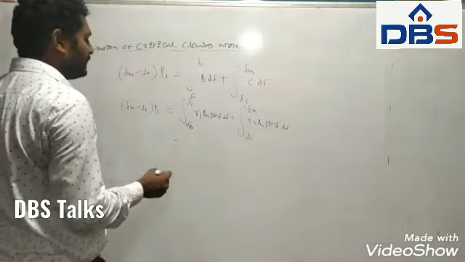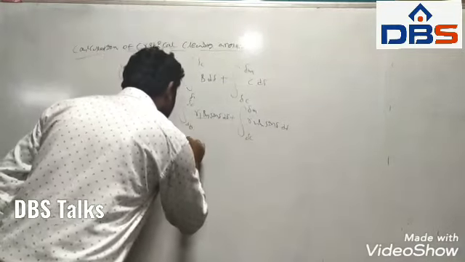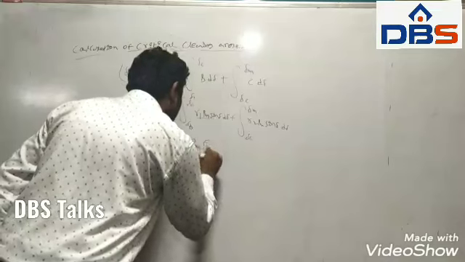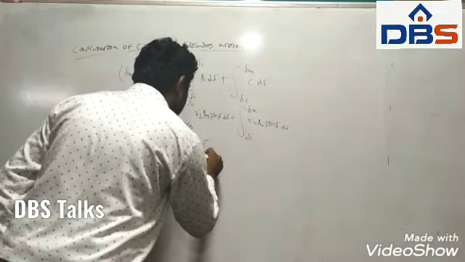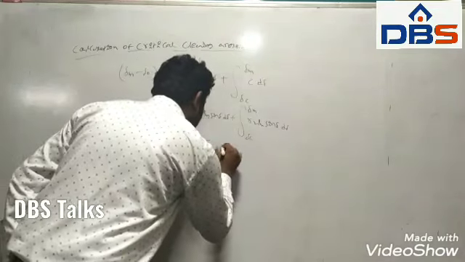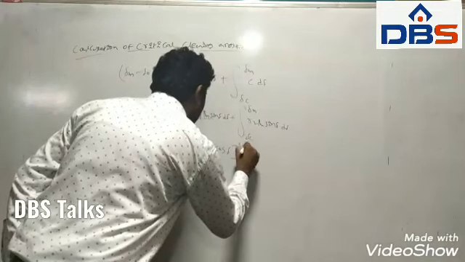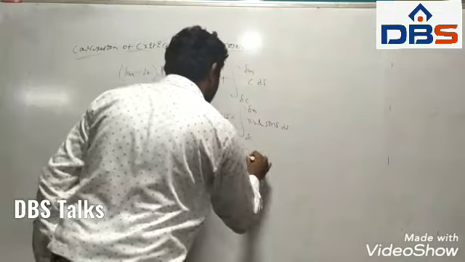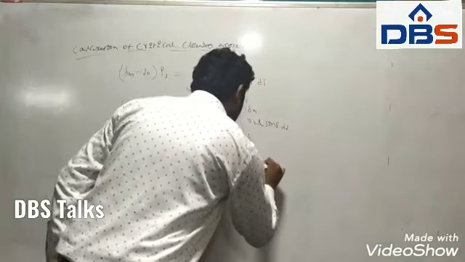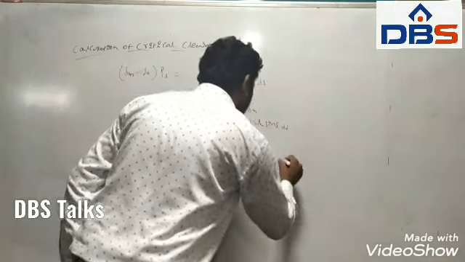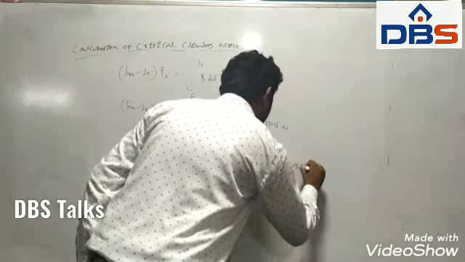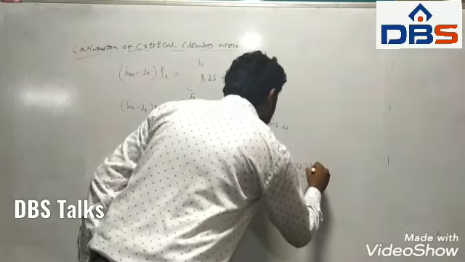Applying integration, the integral of sin delta gives minus cos delta. So R1 Pm into minus cos delta with limits delta naught to delta C, plus R2 Pm into minus cos delta with limits delta C to delta m.